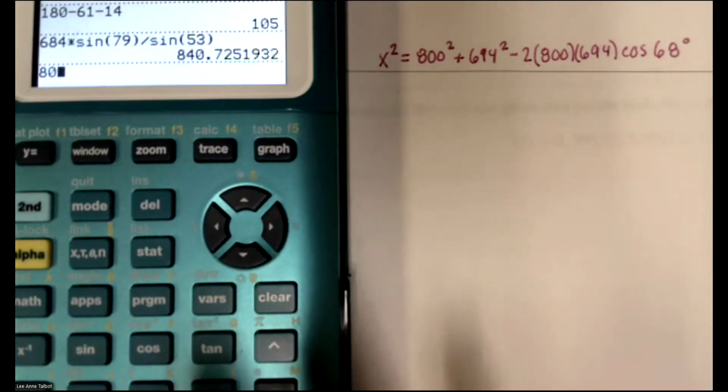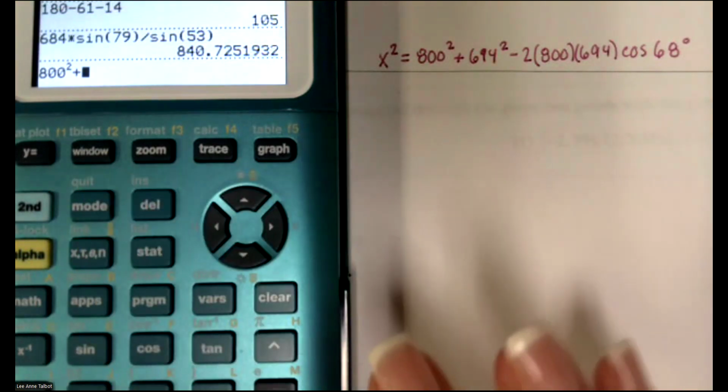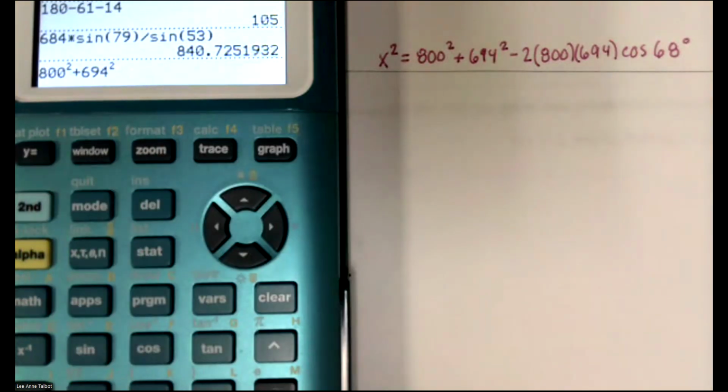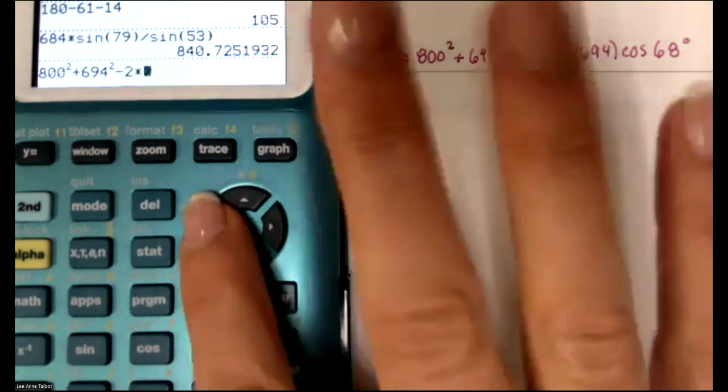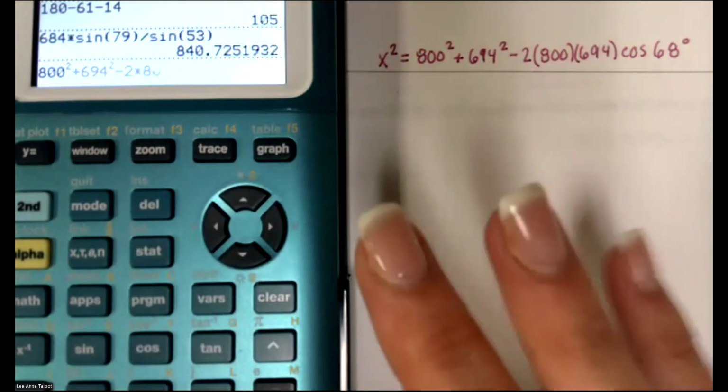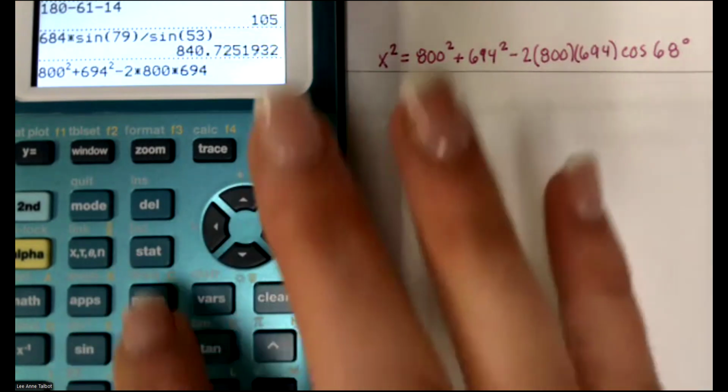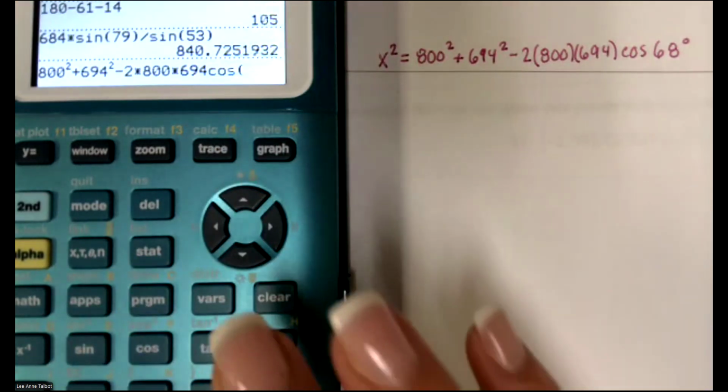So 800 squared plus 694 squared minus 2 times 800 times 694 times cosine 68.